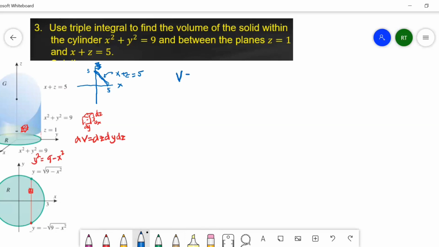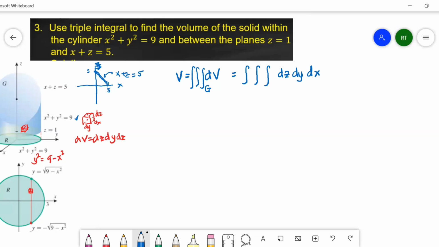The volume of this box is equal to the differential of V. Now, if we will evaluate the triple integral over the region G, where we will take the differential of V equals dz dy dx, then the volume is equal to the triple integral of the differential of z, differential of y, differential of x.